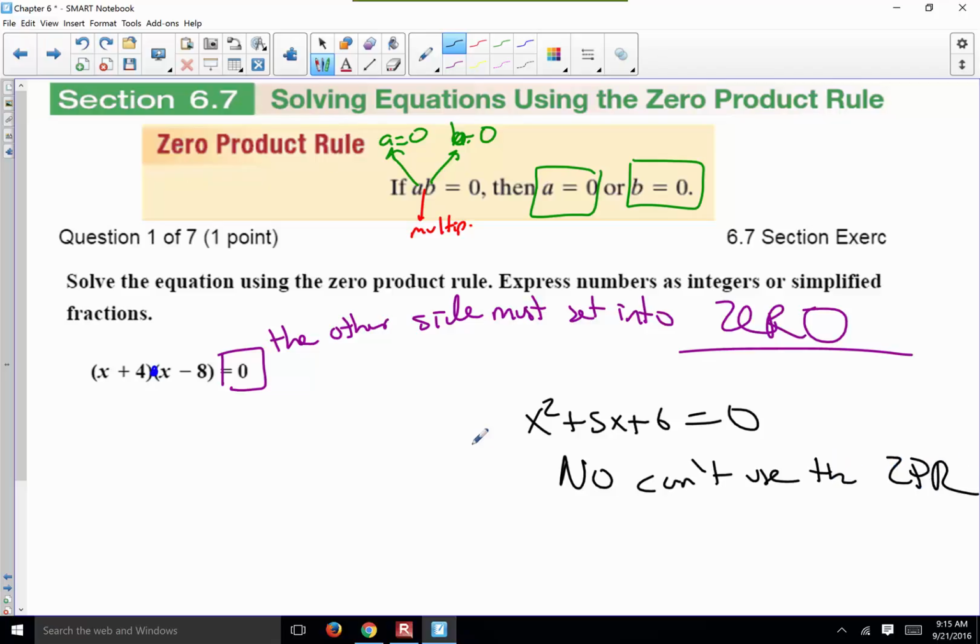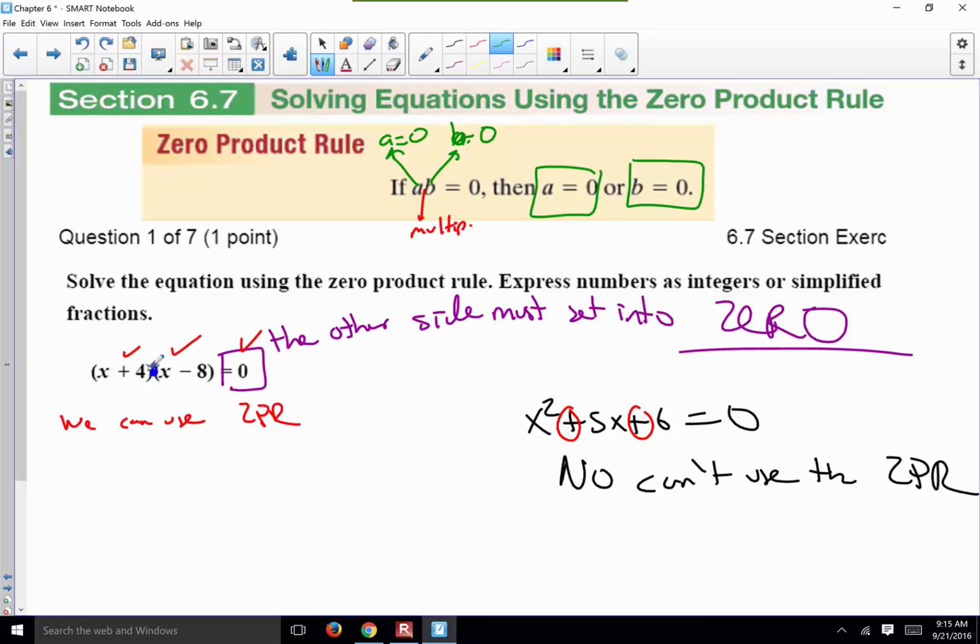ZPR won't work because these are addition of 3 terms. You need to convert this into multiplication. Okay? So this is multiplication. Your right hand side is 0. So I say, yeah, we can use ZPR here.